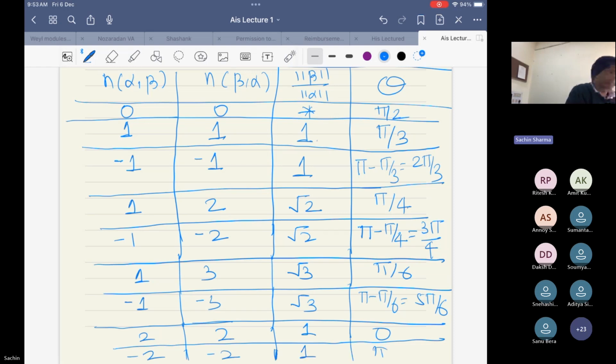You have a vector whose angle is 0 with itself and has length 2, or it is the negative of that vector. So these two things will not be very interesting. Except for the first one, the others are definitely the interesting ones, and we will look at that.